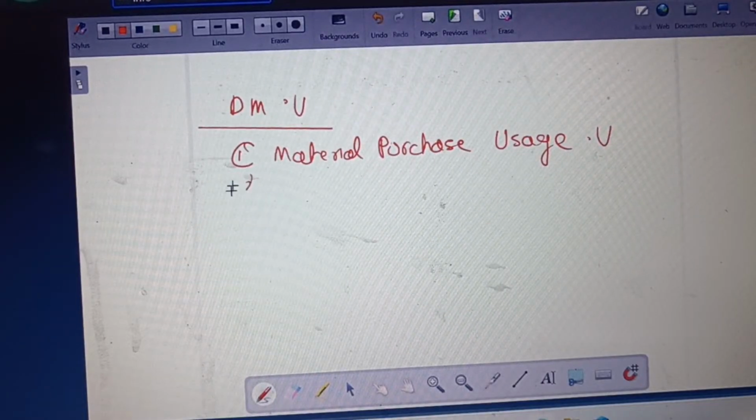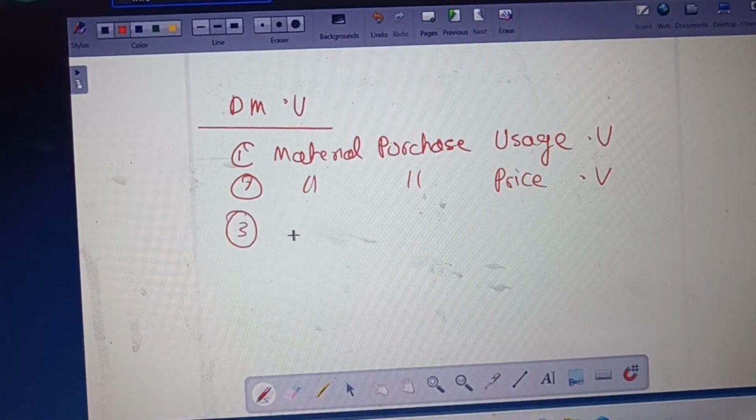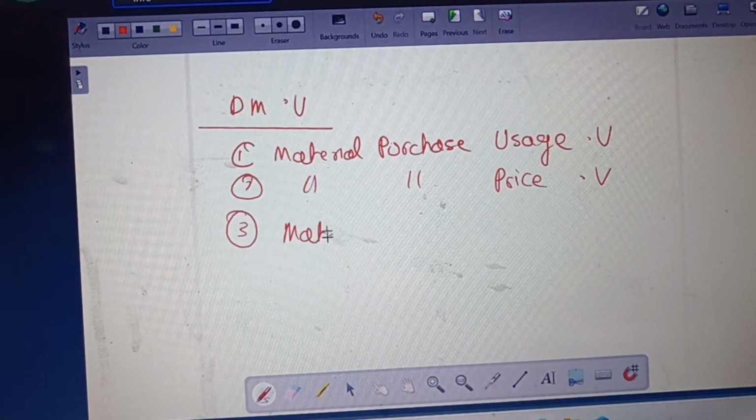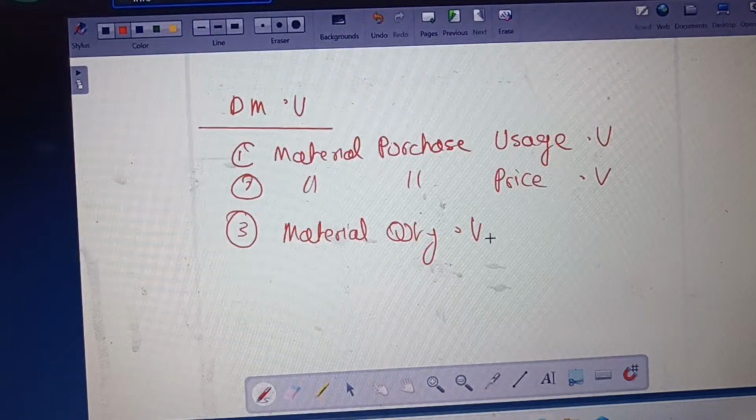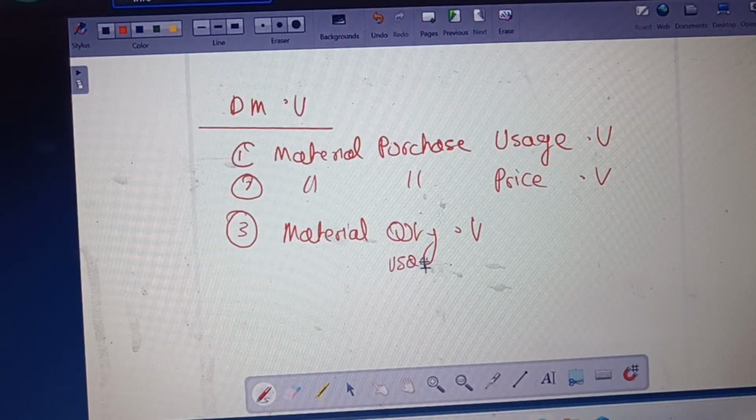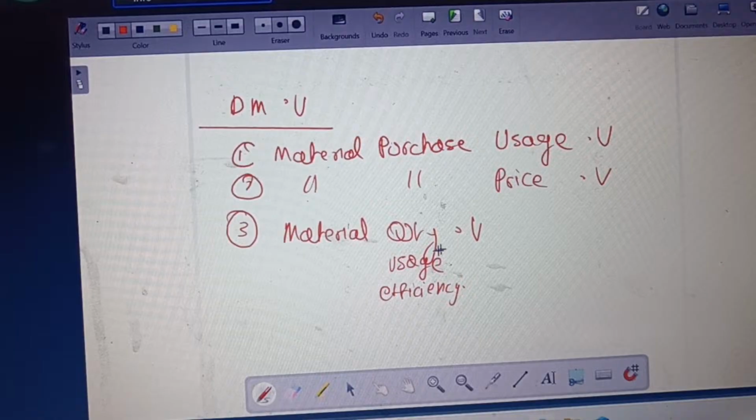Second is material purchase price variance. Third is material quantity variance, also called usage variance, also called efficiency variance. Material quantity variance, material usage variance, and material efficiency variance.